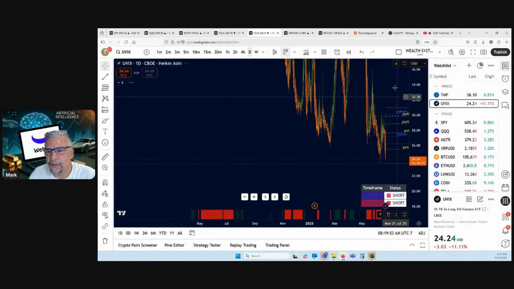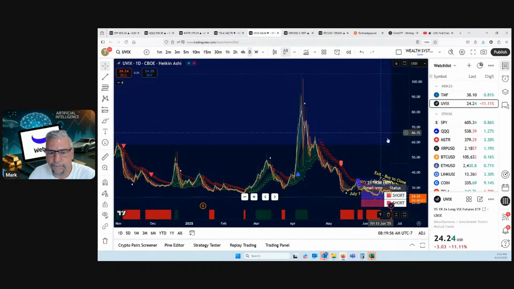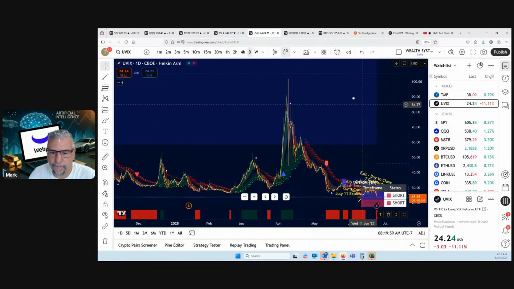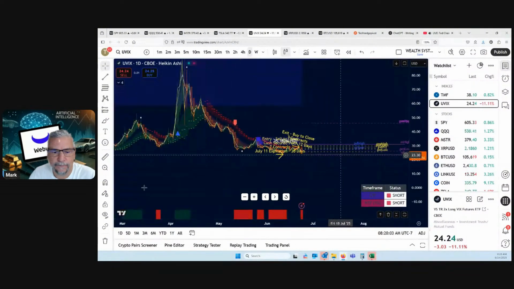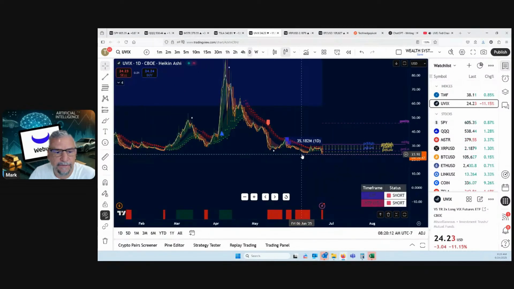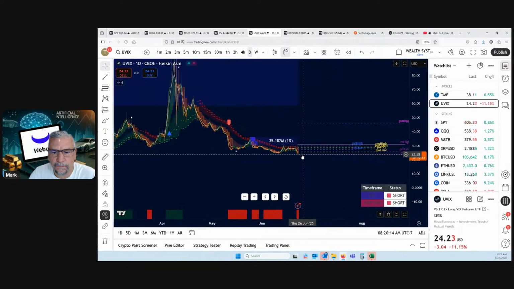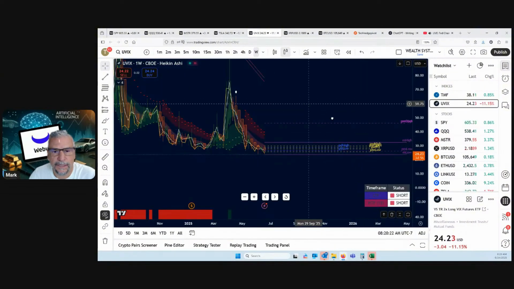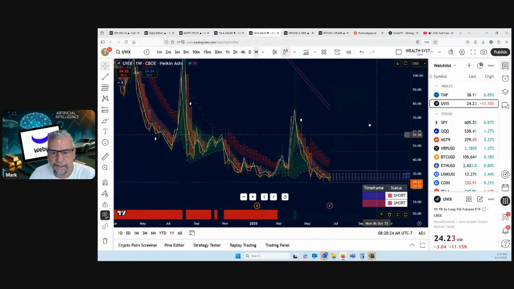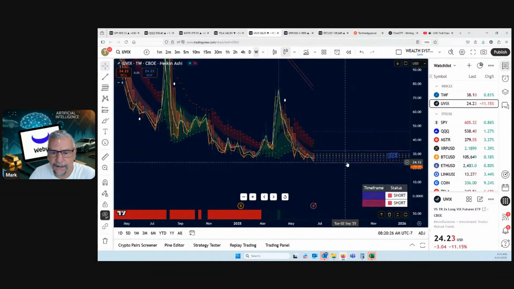If I go to the daily chart, got a lot of activity there. So we can see there's a lot of support there at the 23.5. And then again on the weekly, right there at a bottom.